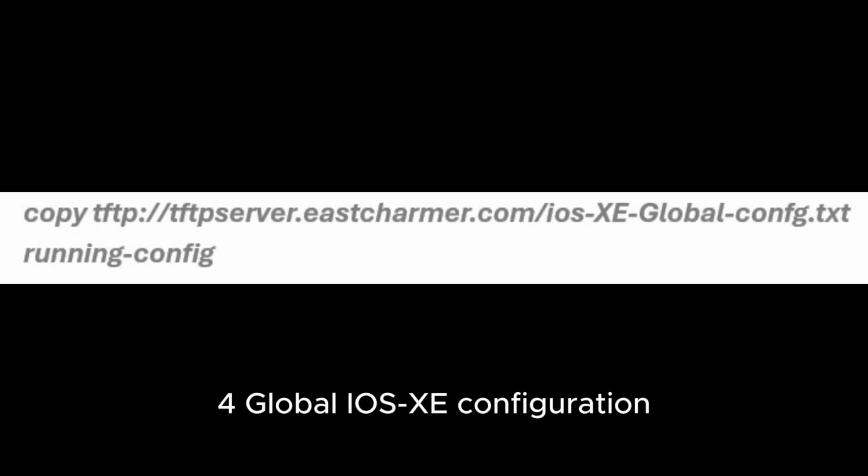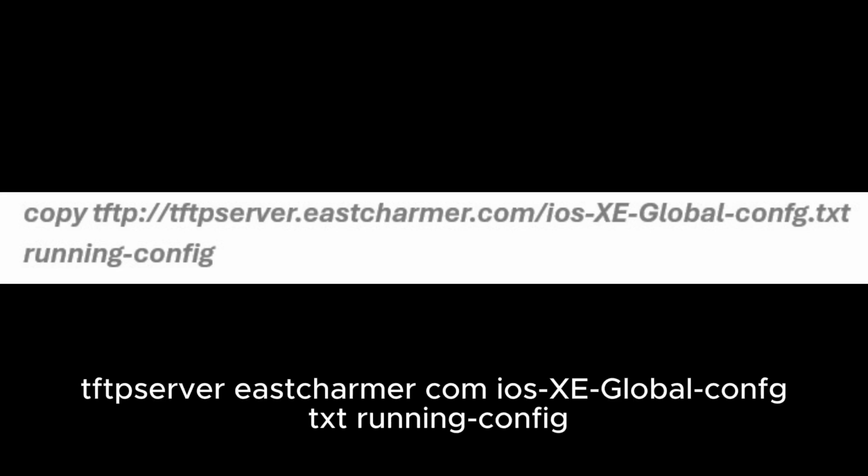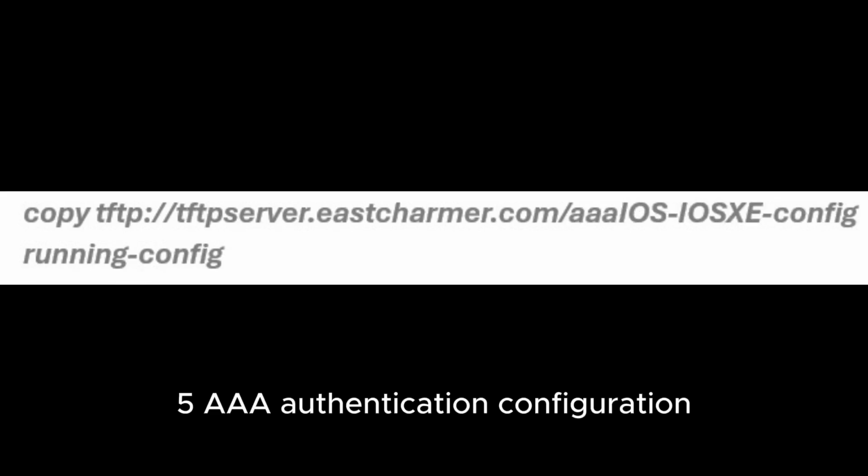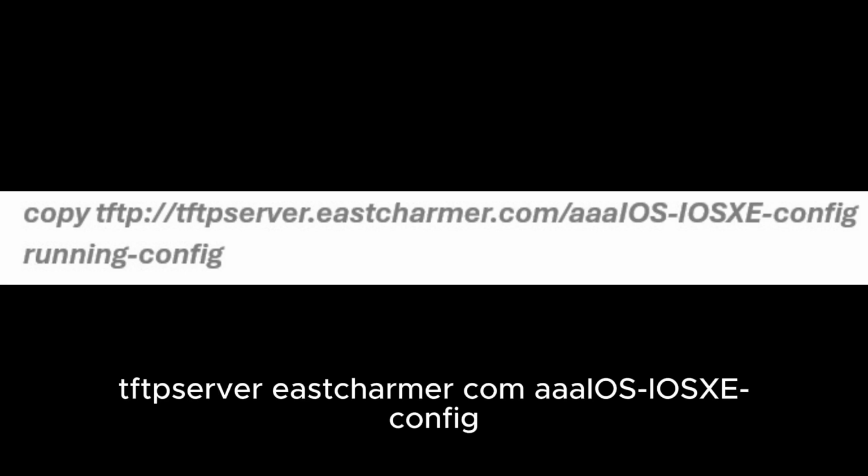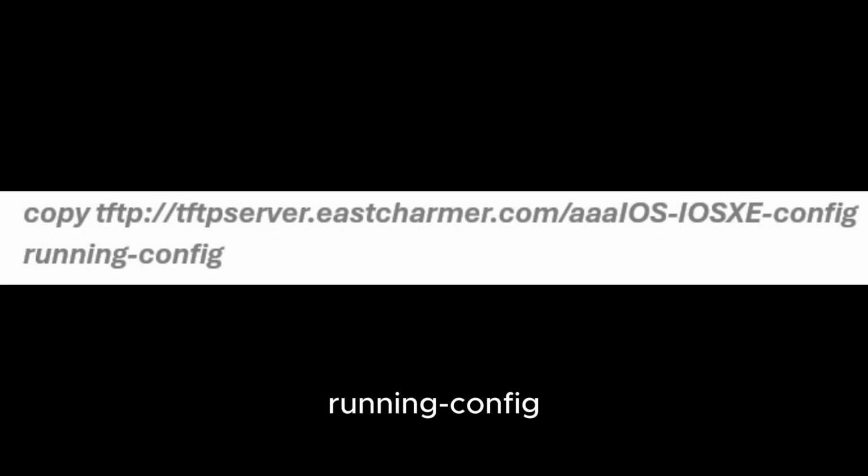For global IOS XE configuration, copy tftp://server.eastcharmer.com/ios-xe-global-config.txt running-config. 5. Authentication configuration. Copy tftp://tftp-server.eastcharmer.com/aaa-ios-config running-config.